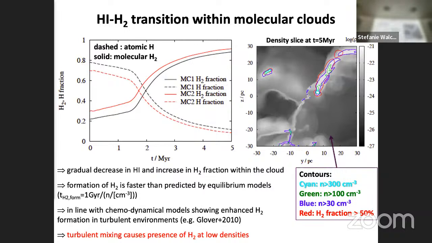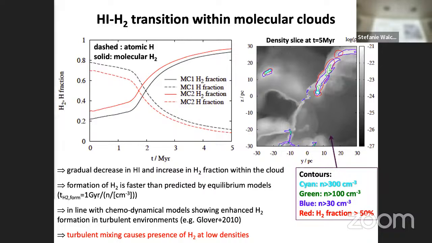Okay. If you want to estimate where molecular hydrogen forms, in equilibrium, you can apply the following rule of thumb. You would estimate that the time scale on which you can turn gas into molecular gas depends on the density of the gas.